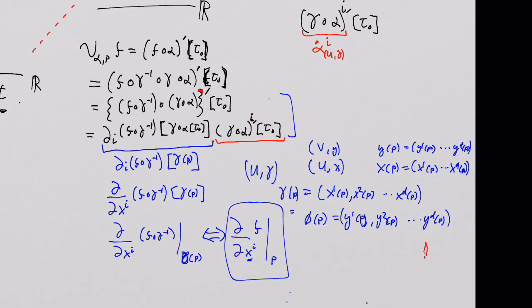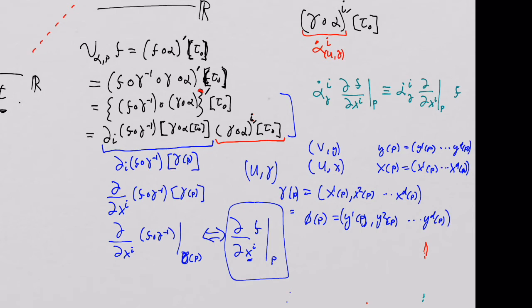I guess I'll do it in green. I can now rewrite it as alpha dot I, and I'll just put the chart down there, times df dxi evaluated at P, which we can separate the f from, and we can go alpha dot I gamma d dxi evaluated at P on the function f.